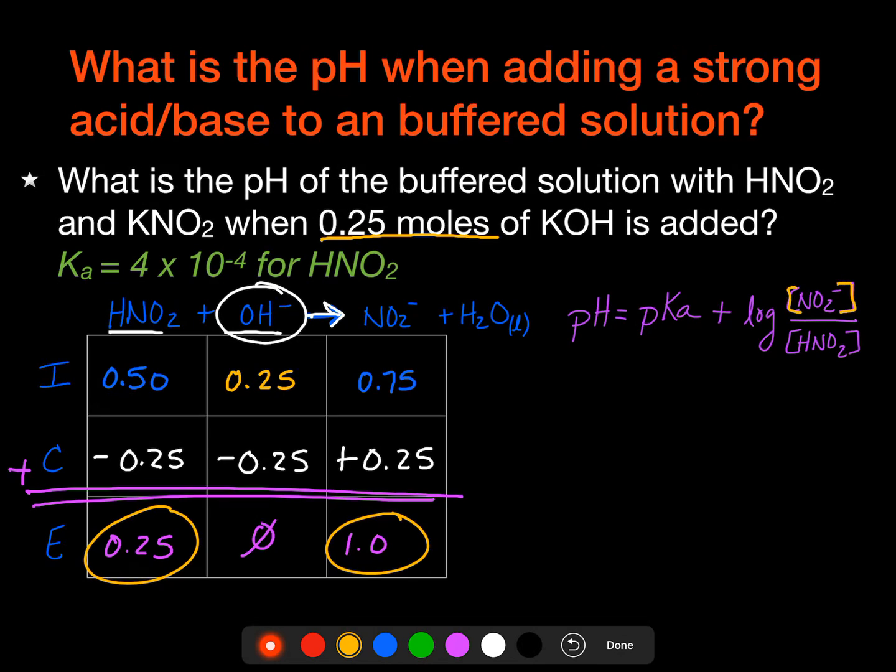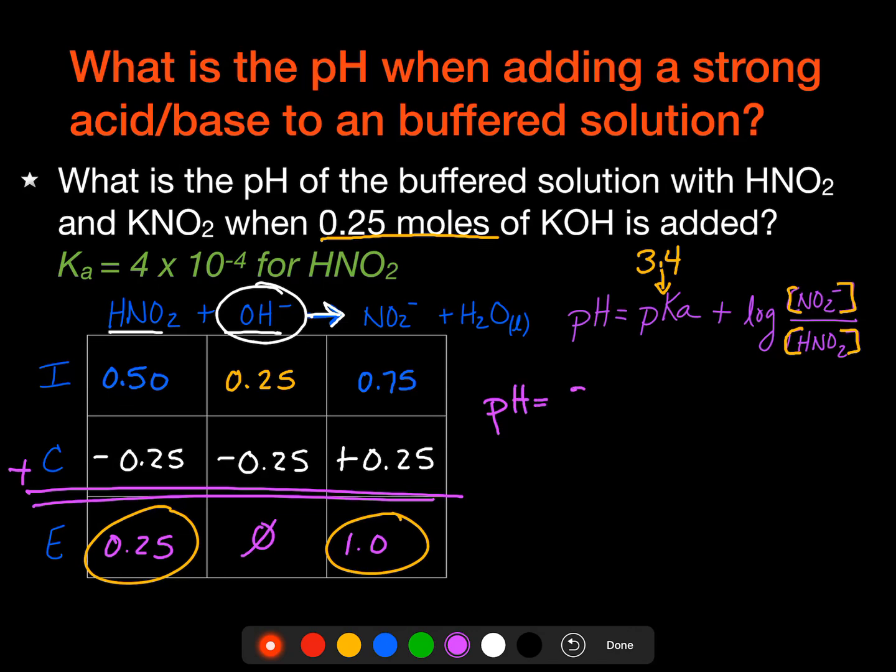So we are going to put those up here into the Henderson-Hasselbalch equation. We already know that our pKa from previous was 3.4. Okay. So this was 3.4 from before when we calculated that out. So let's go ahead and plug these in.